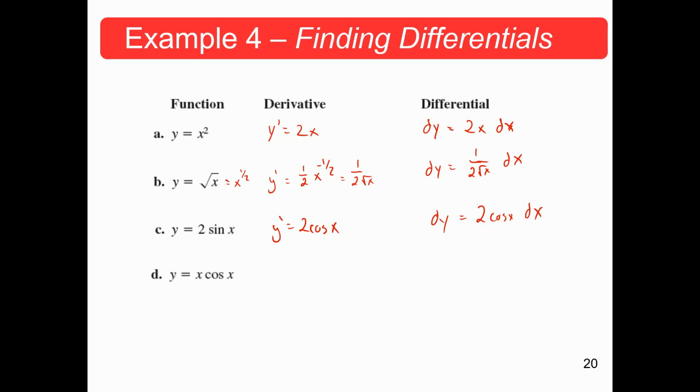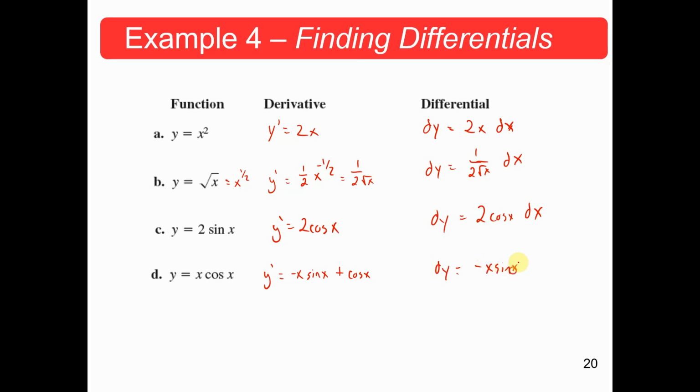So we've got y equals x cosine x. We're going to do y prime equals first times the derivative of the second, plus second times the derivative of the first, right? Then what's dy going to be?